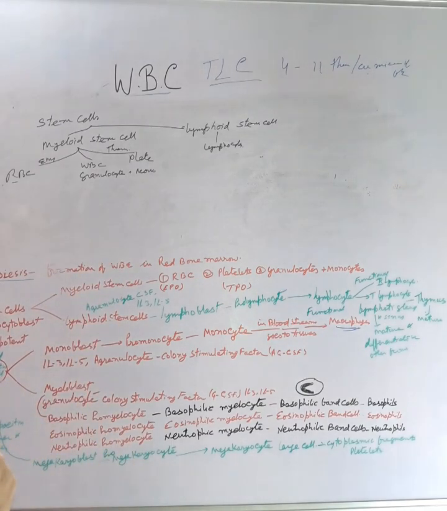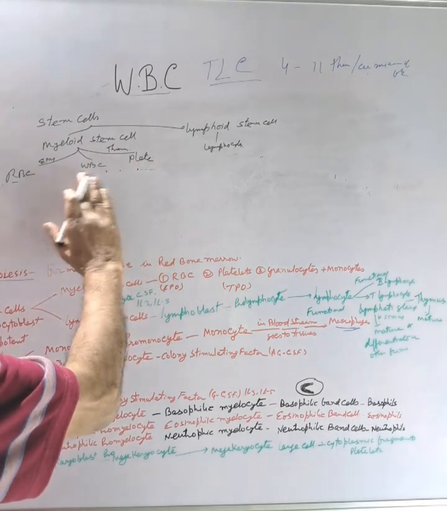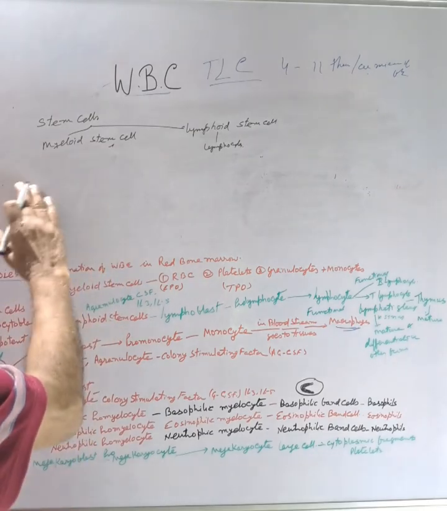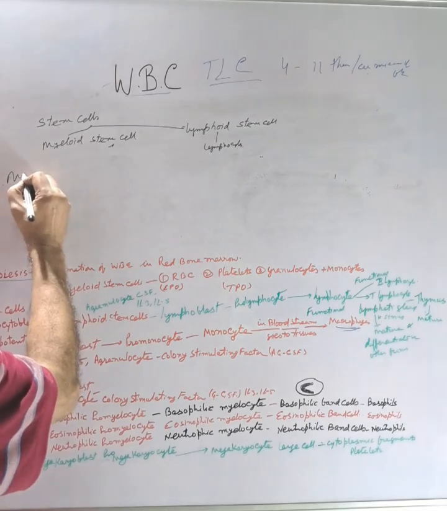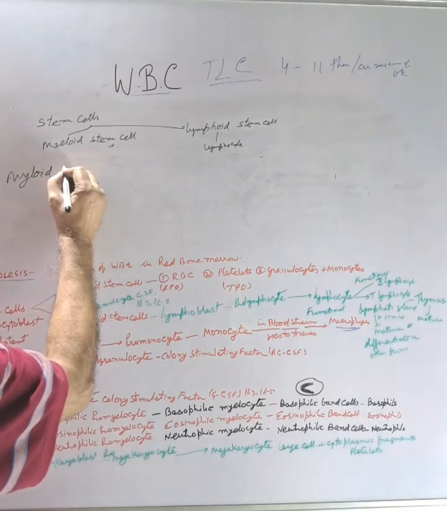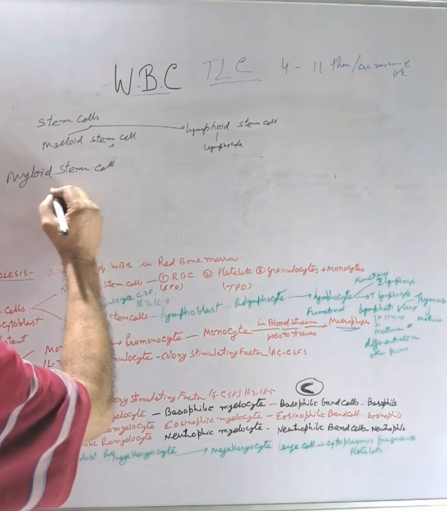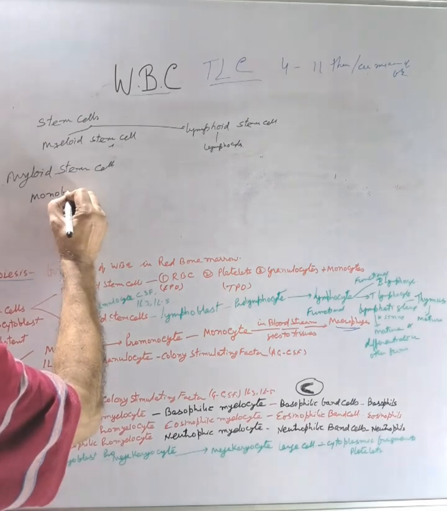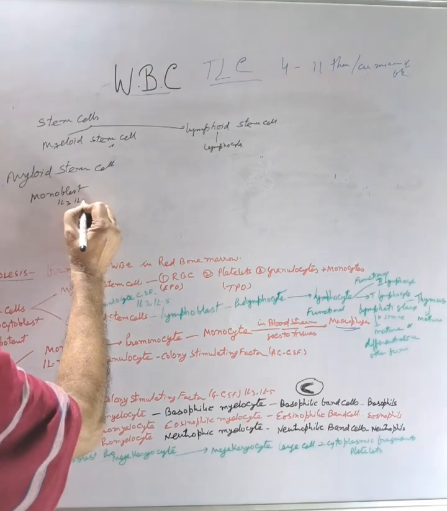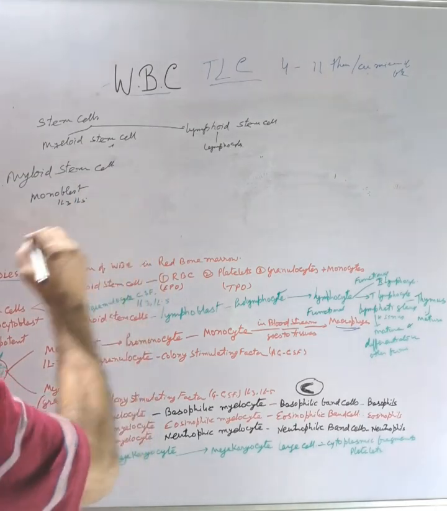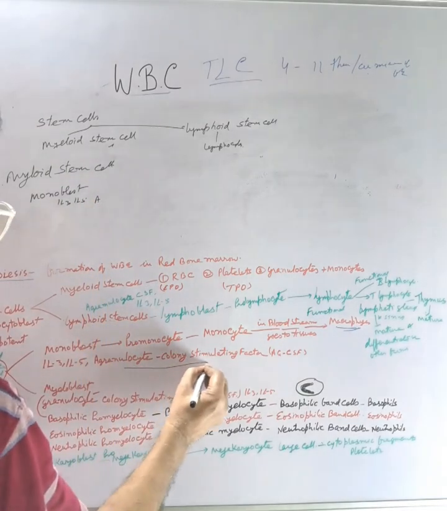In the agranulocyte series, myeloid stem cell, then monoblast, stimulated by interleukin 3, interleukin 5, and granulocyte-monocyte colony stimulating factor.